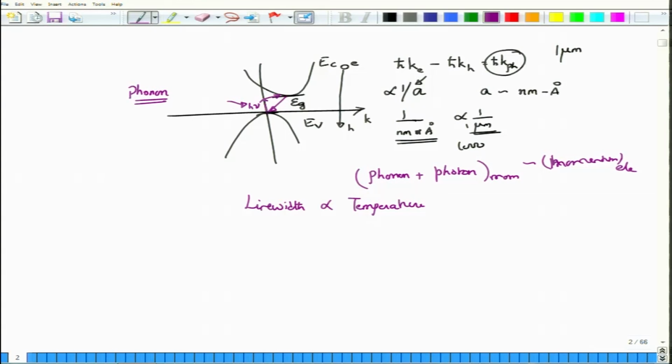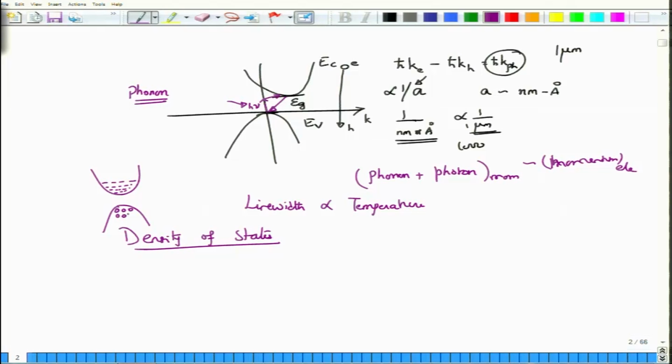Now let us get back to an interesting and important parameter called the density of states. We have looked at density of states earlier, but this time we will be looking at it much more carefully because this is very important. So what is this density of states? What we mean by density of states is an estimate of how many electrons are there in the conduction band and how many holes are there in the valence band.